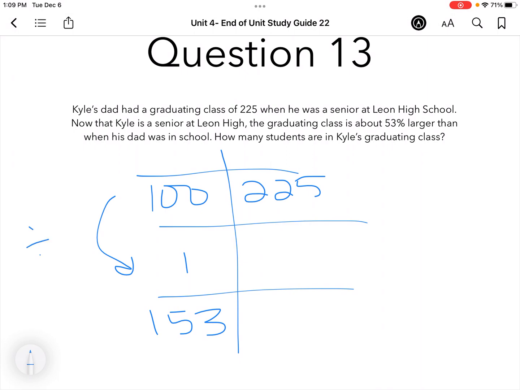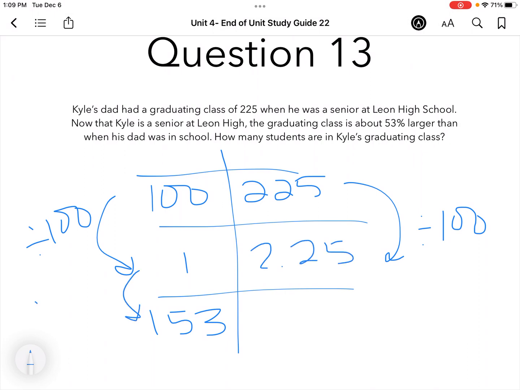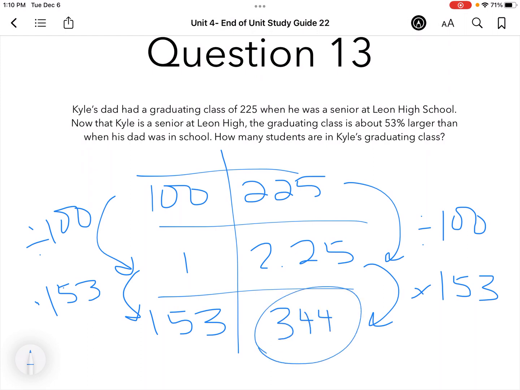So I'm going to divide by 100. And I end up with 2.25. And then I'm going to multiply by 153. And I have 344 students.